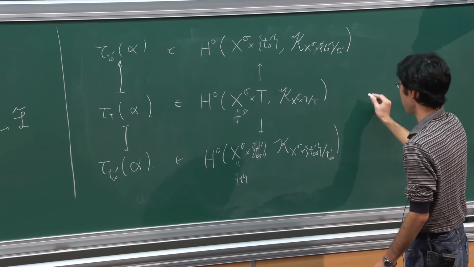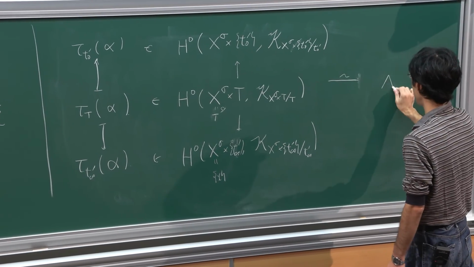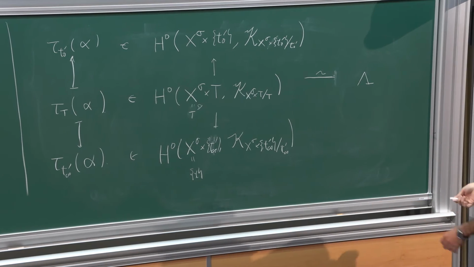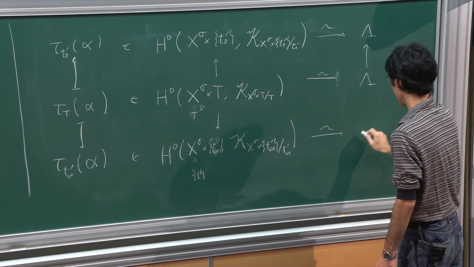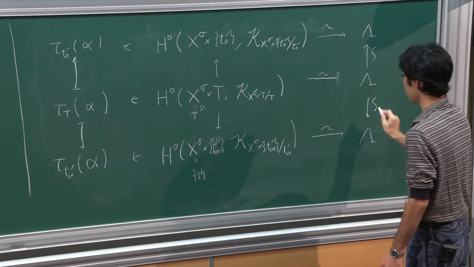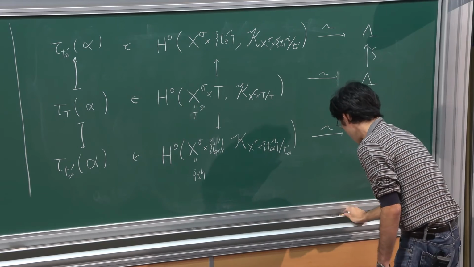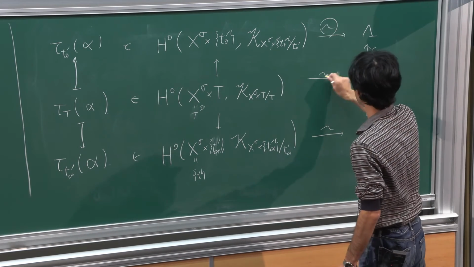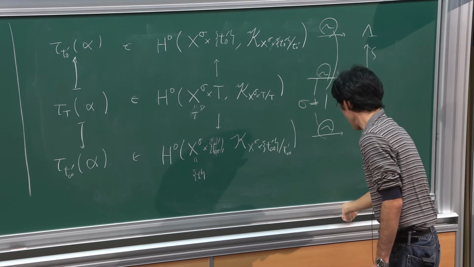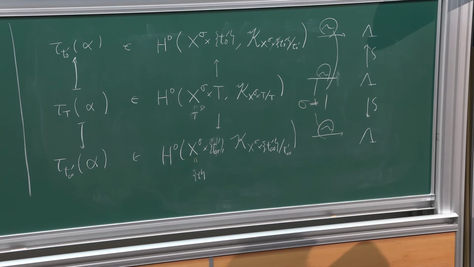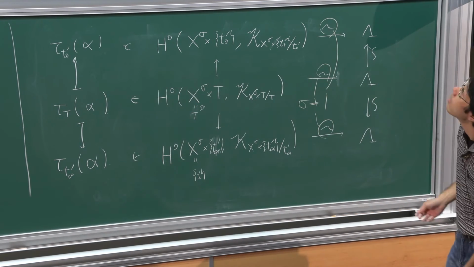Because the tau homology doesn't see any nilpotent difference, this is isomorphic to lambda, the coefficient of the sheaf. So these are because sigma is not equal to 1.